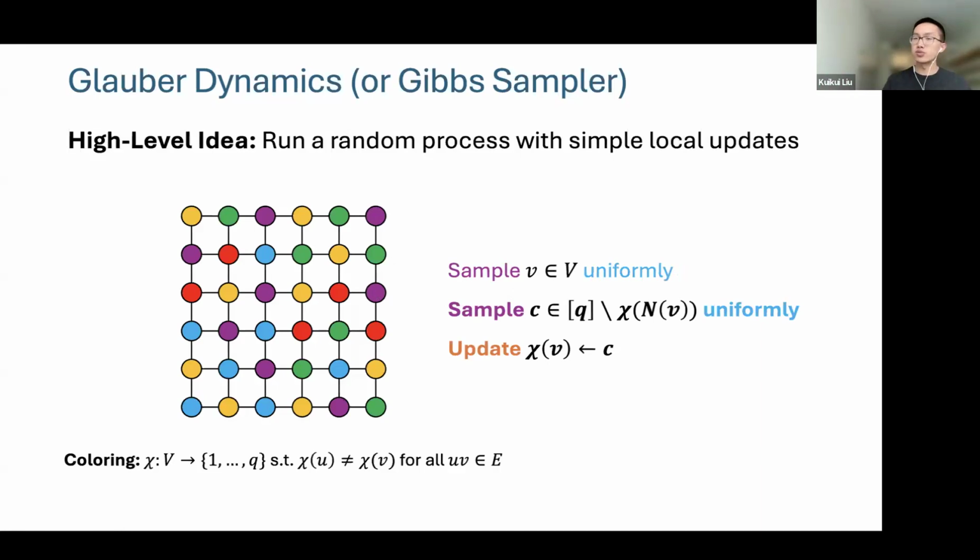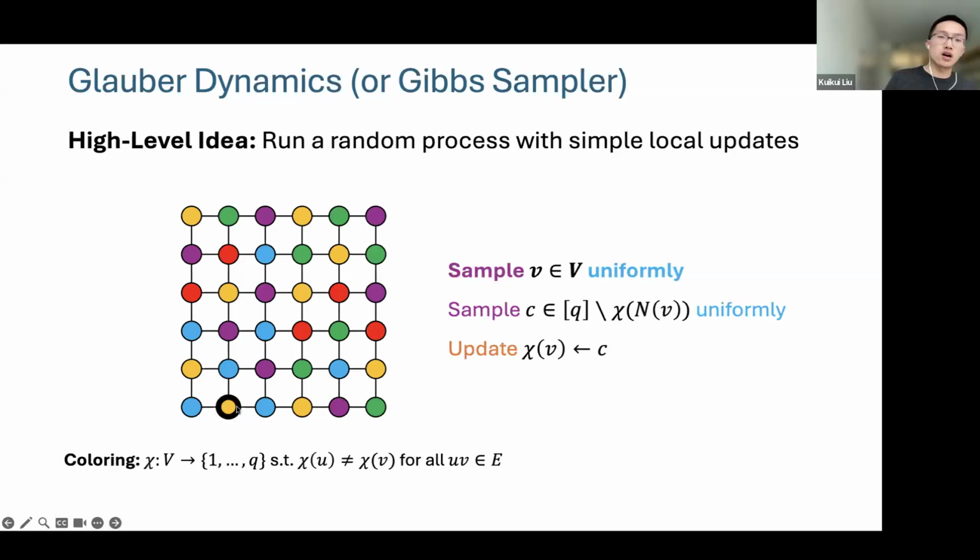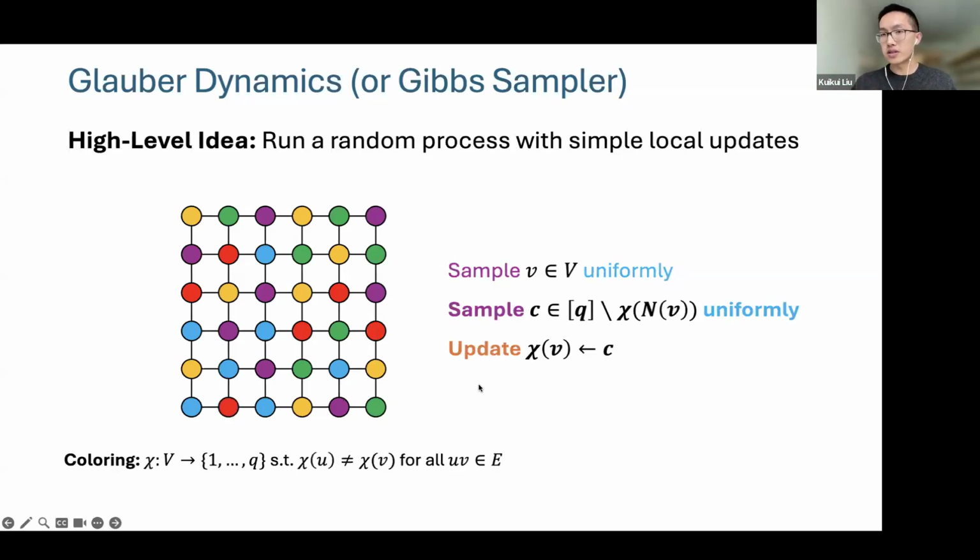So maybe now I set it to blue, for instance. Then I just repeat this two-step procedure over and over again. So maybe now I pick this vertex. All of its neighbors are blue, so I just need to pick a uniformly random color which is not blue, and then recolor this vertex. Maybe I color it red, for instance, and so on.